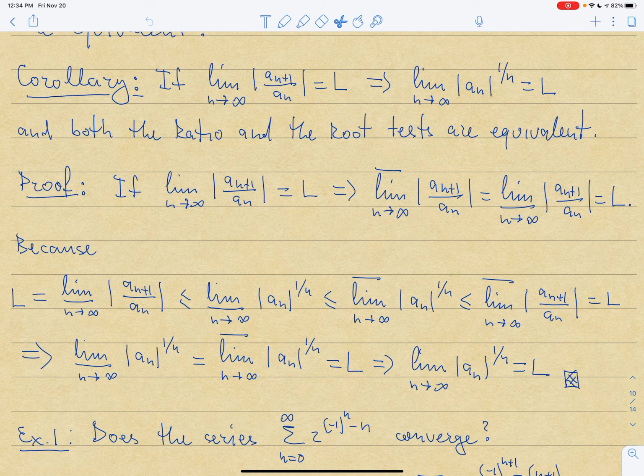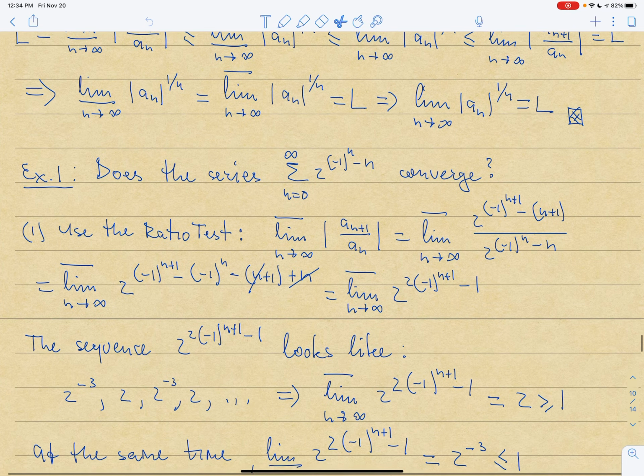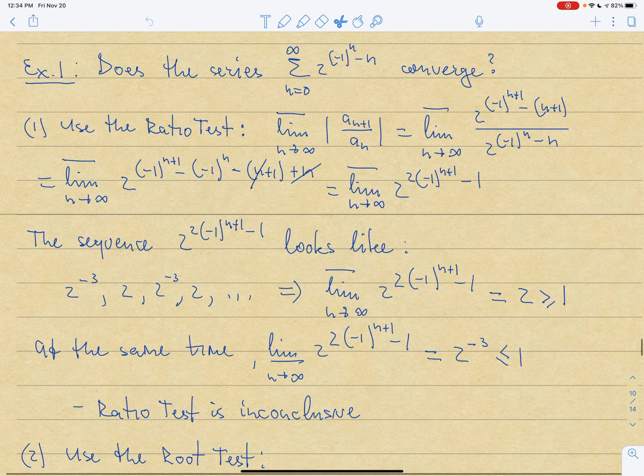So for instance, if the ratio test is inconclusive, if the limit of a_{n+1} over a_n is equal to 1, then there is no reason to use a root test because the limit in the root test is also going to be equal to 1. All right, so we'll come back to that in a moment. And in the meantime, let's look at this particular example, which will demonstrate the relationship between the ratio test and the root test.